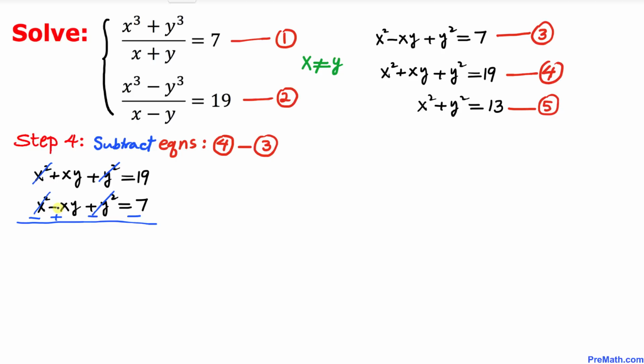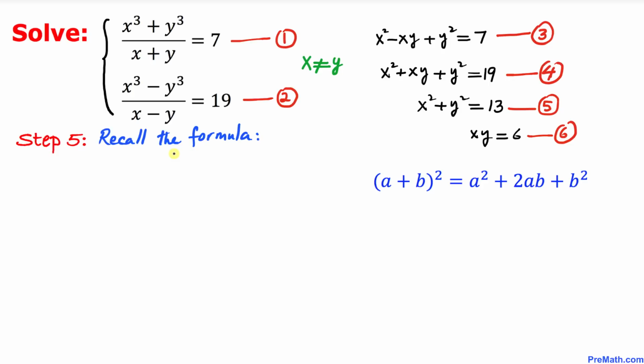So we ended up with xy plus xy, which gives us 2xy equals 12. So that means our xy value is going to be 6. And let me call this equation 6 this time.